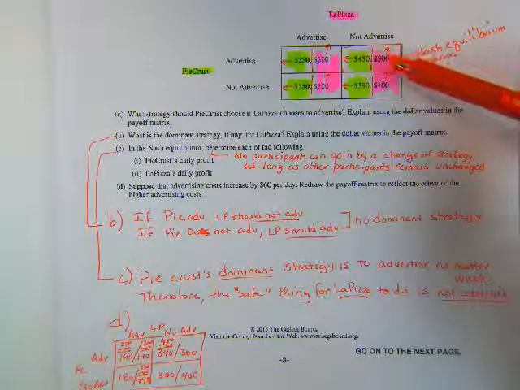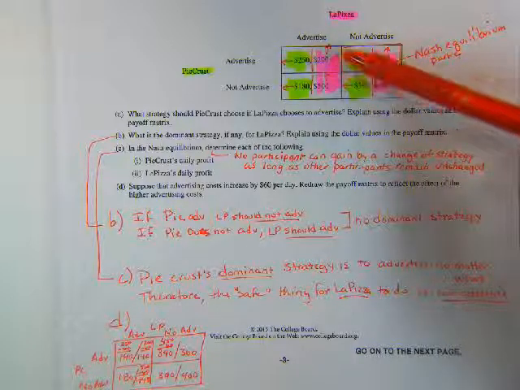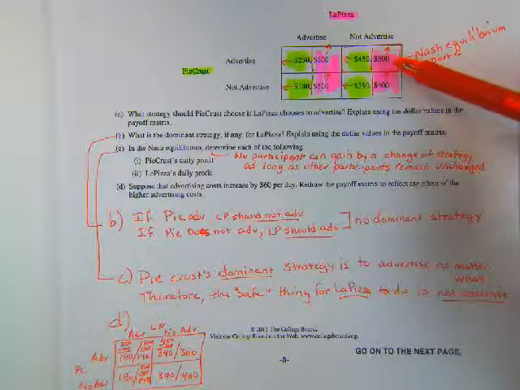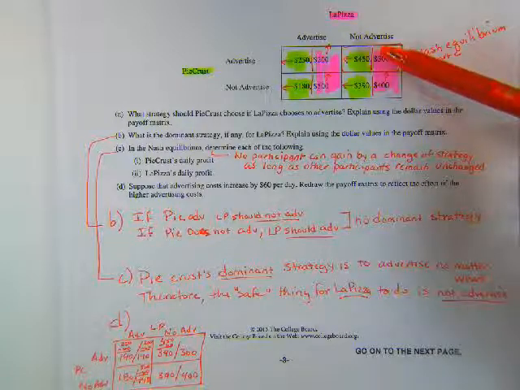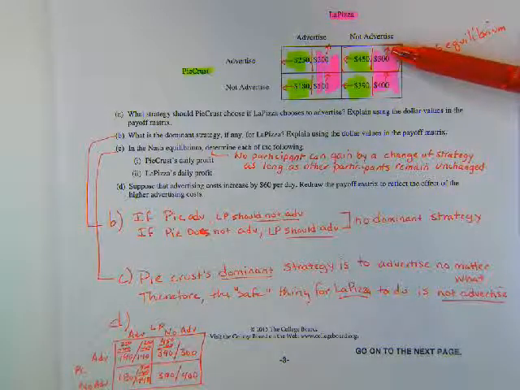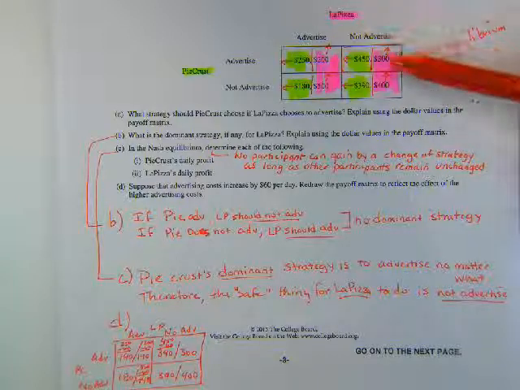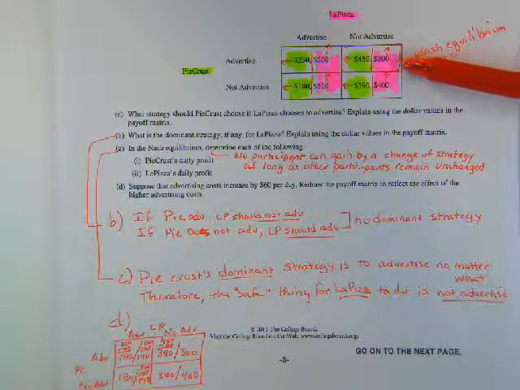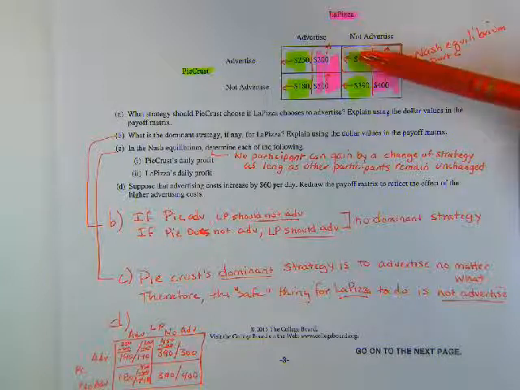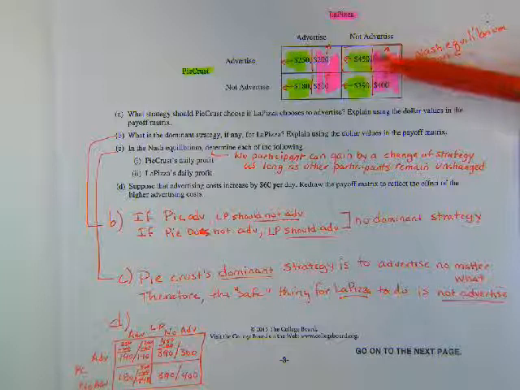Okay, on the flip side of that, if La Pizza assumes that Pie Crust isn't going to change, that it's going to advertise no matter what, if that strategy remains unchanged, will La Pizza benefit from advertising? No, they will not. So the Nash equilibrium is here because if each competitor assumes the other's position remains unchanged, they're not going to benefit from trying to switch or change.